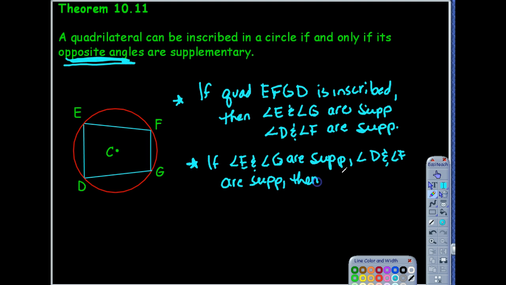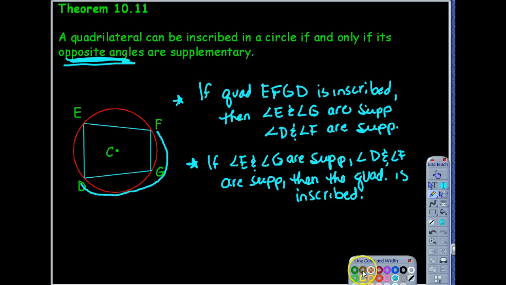Yeah. Now, let's start thinking about the why while Mrs. Palermo's writing that down. If you take a look at angle E and angle G, notice that when you think about their intercepted arcs, angle E is intercepting arc DGF, okay?